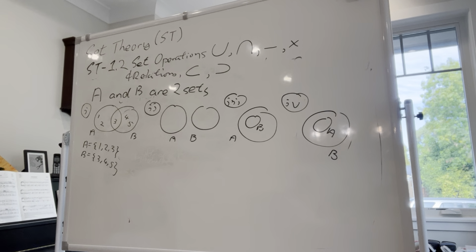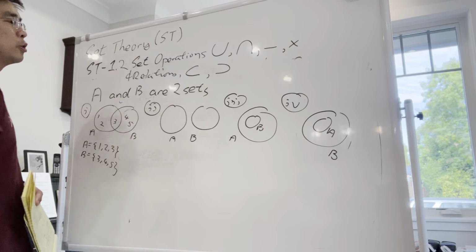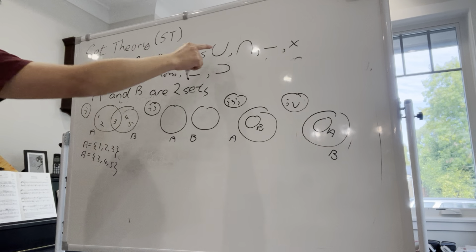Okay. So now let's explain what these four symbols mean. The first one is what we call union.